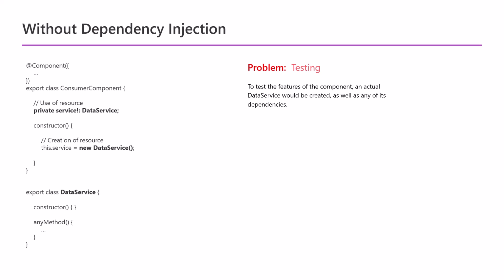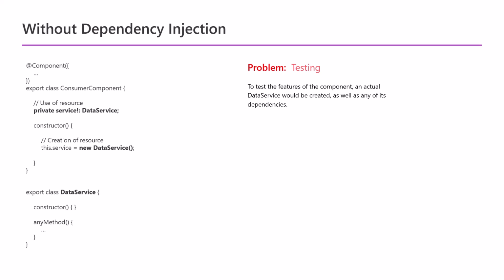In order to test the features of this consumer component in, let's say, an isolation test, when we create an instance of the component, we'd automatically be creating an instance of the real data service. During testing, we wouldn't want to start up our real data service and maybe any of its dependencies, such as a backend service.